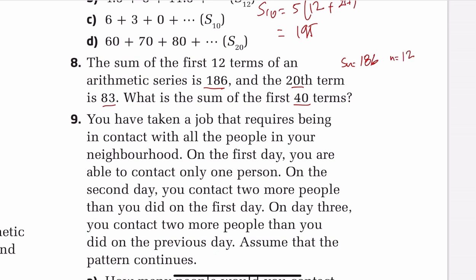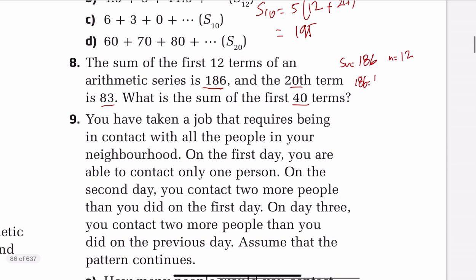So I can write my equation as 186 is equal to 12 divided by 2 times 2t1 plus 12 minus 1 times d.